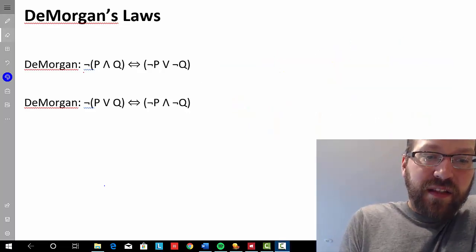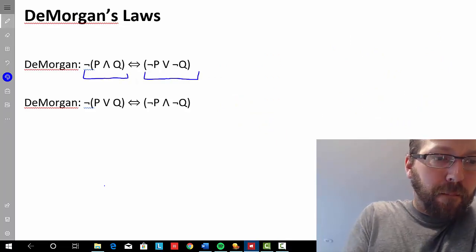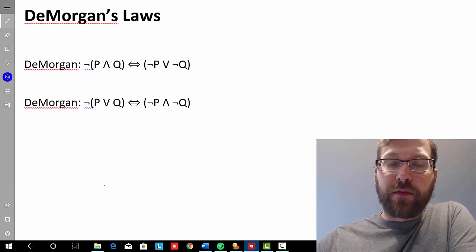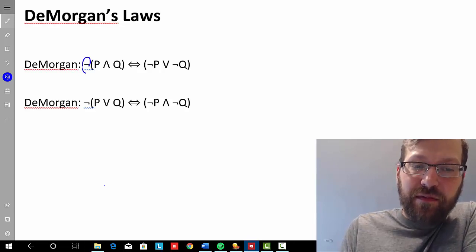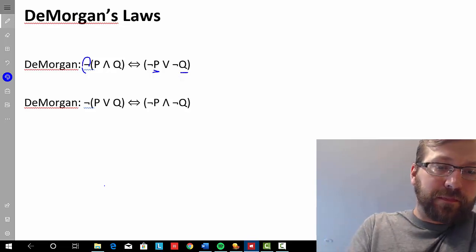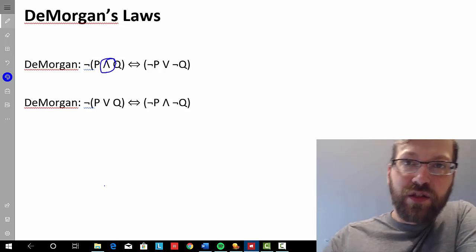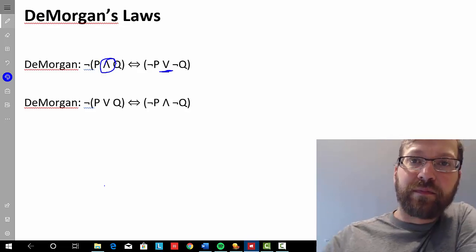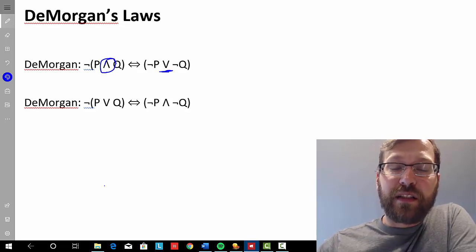All right, so looking at the patterns then here, what we can infer from it is we can distribute the negation out in front of the P and the Q so long as we change the conjunction symbol to a disjunction symbol, in which case we'll know that we have a logically equivalent sentence.